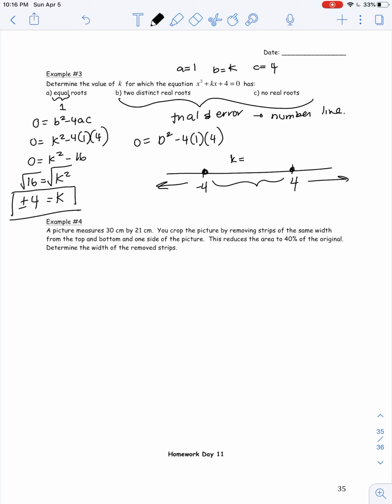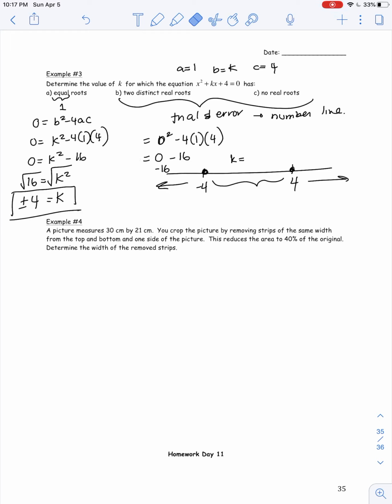All the other letters and numbers stay the same. So 0 squared is equal to 0, and then we have minus 16. So if we put that into our equation, we know that we're going to get negative 16. So as you can see, that in between section, we're going to get a negative answer. Okay, so when we fill in our k as 0, we get a negative solution.